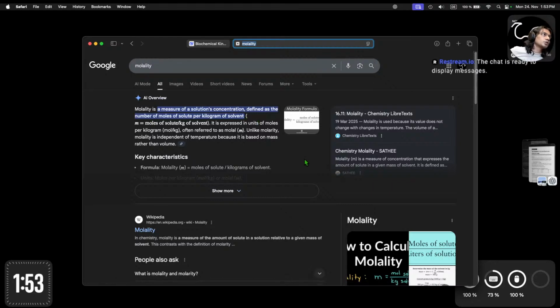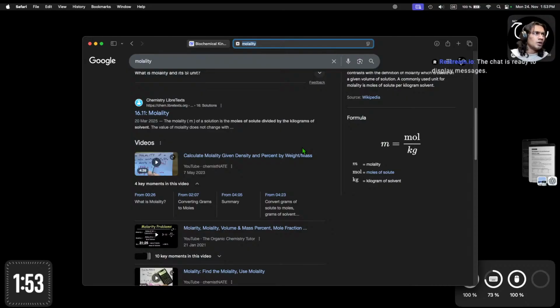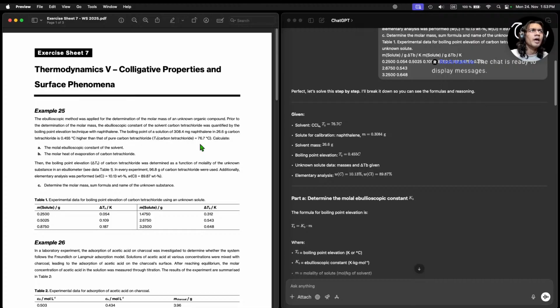Moles of solute per kilogram of solvent. So for moles of solute, we have to find the moles of naphthalene per kilogram of solvent.